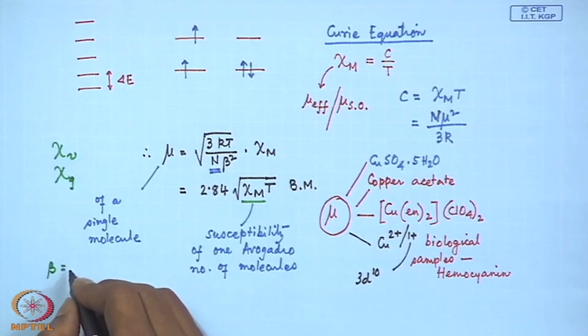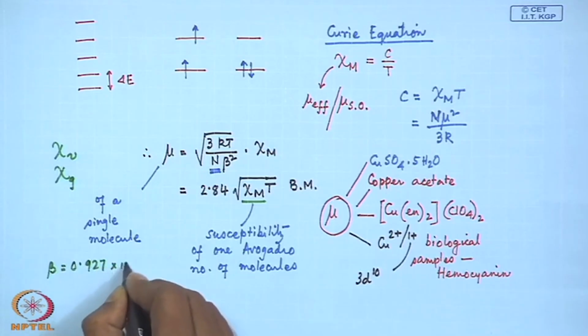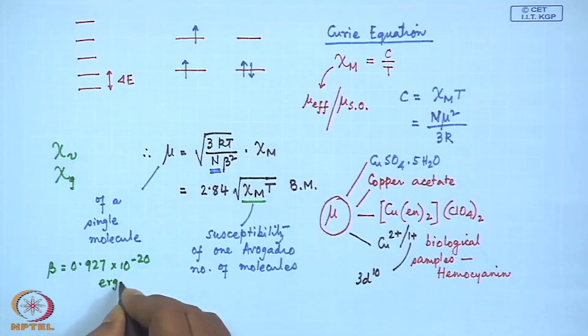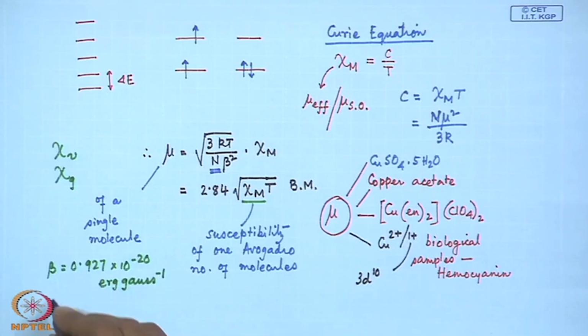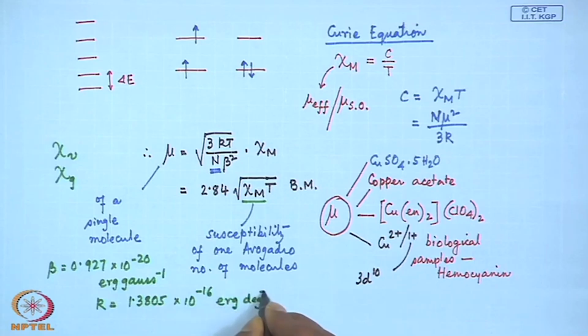In this particular case, beta is equal to 0.927 times 10 to the power minus 20 erg per Gauss, and we also have the Boltzmann constant K, which is 1.3805 times 10 to the power minus 16 erg per degree.